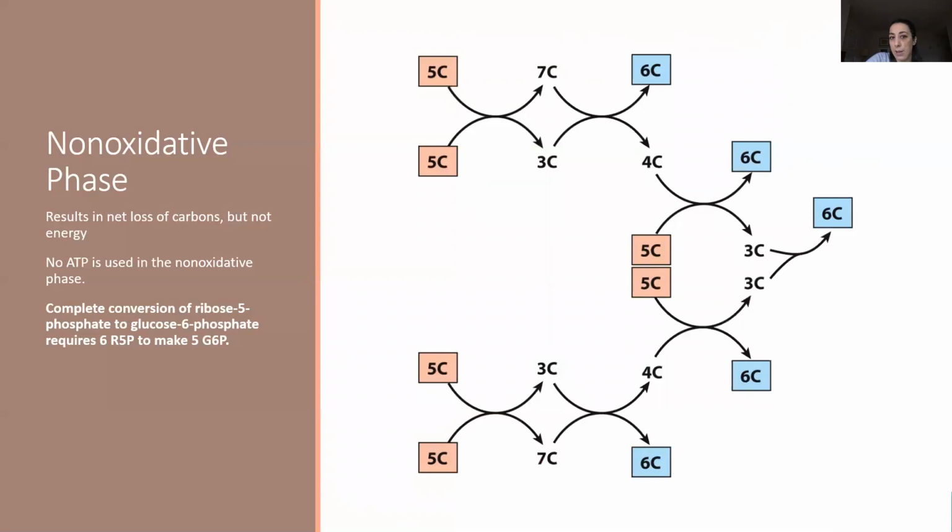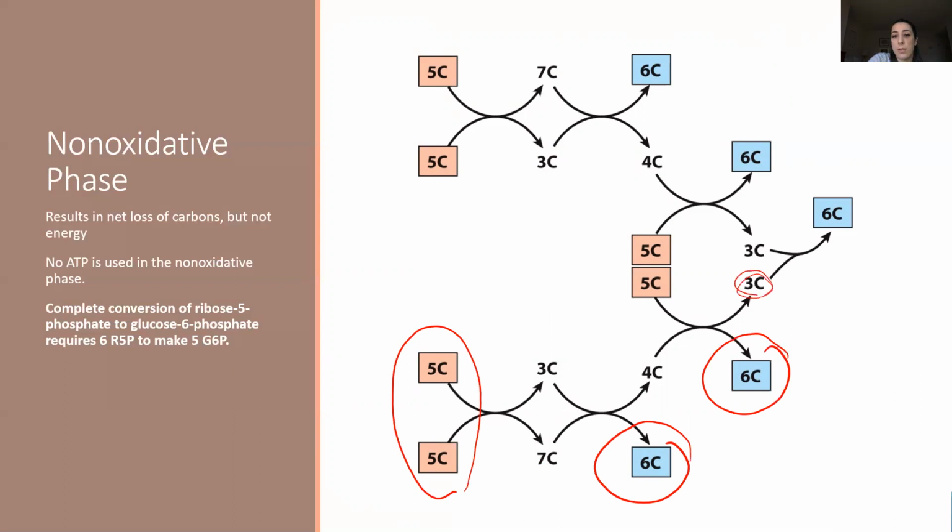Here's a simplified breakdown of that. Again, when we combine our first set of 5-carbon molecules, we end up getting 1 6-carbon molecule here, another 6-carbon molecule here, and we get this 3-carbon molecule, which needs, as you can see, this other half of the process to make our last 6-carbon here.